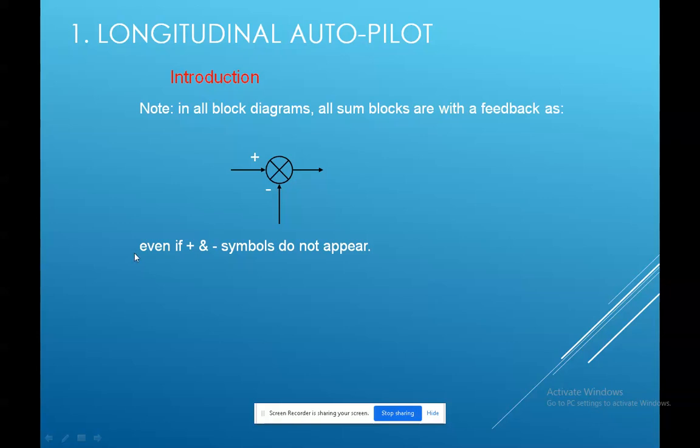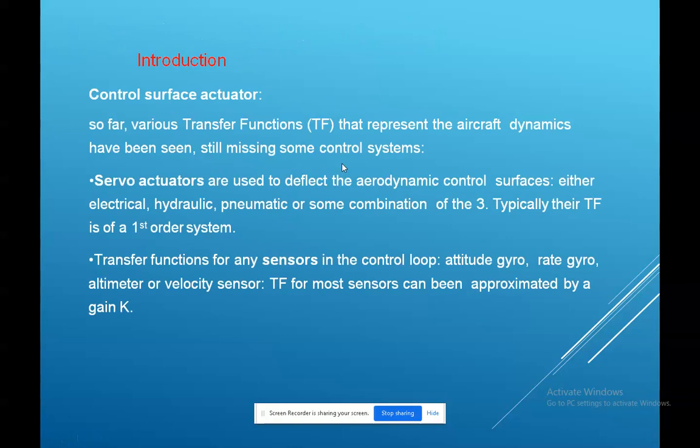Even if plus and minus symbols do not appear, it will be considered as a feedback. So one will be the input and another will be the feedback, if you don't have any plus or minus symbols.